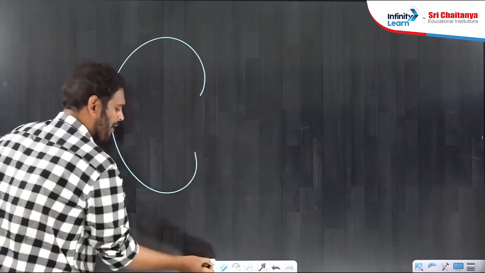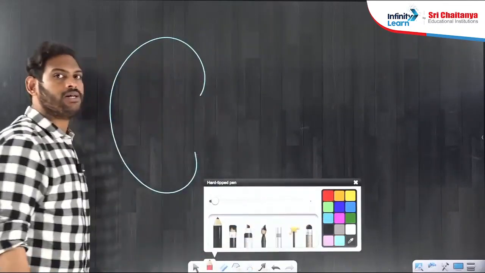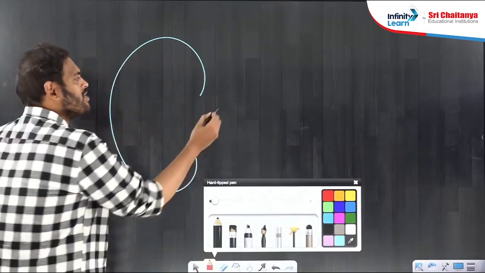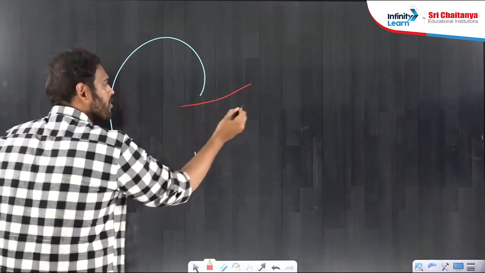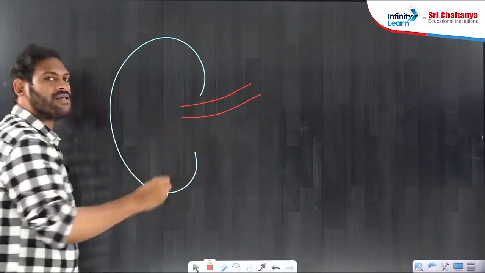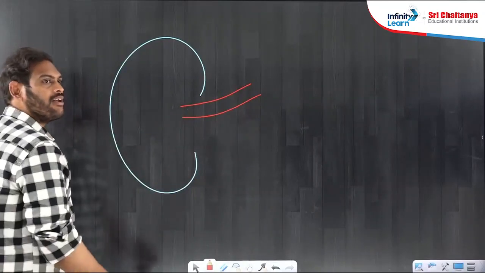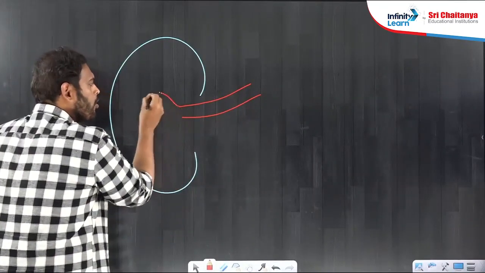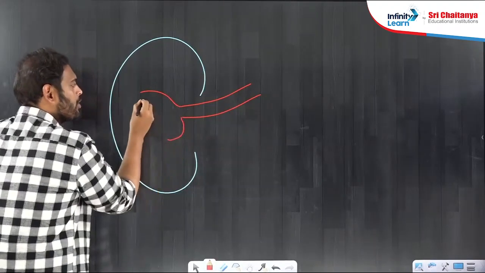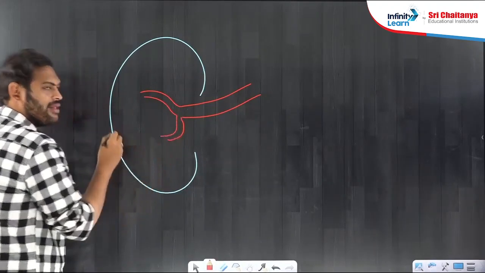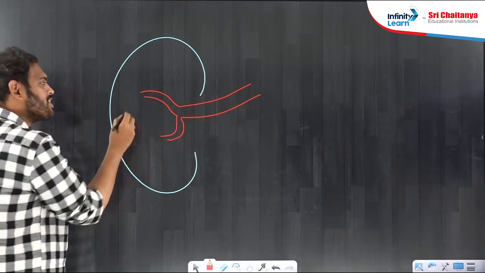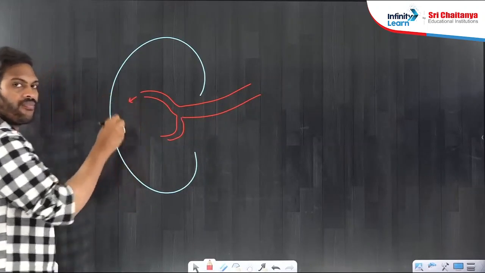And as I told you, the blood vessel which enters the kidney is the renal artery. Renal artery enters the kidney. It gets divided into many small renal arterioles, and these arterioles enter the nephron.